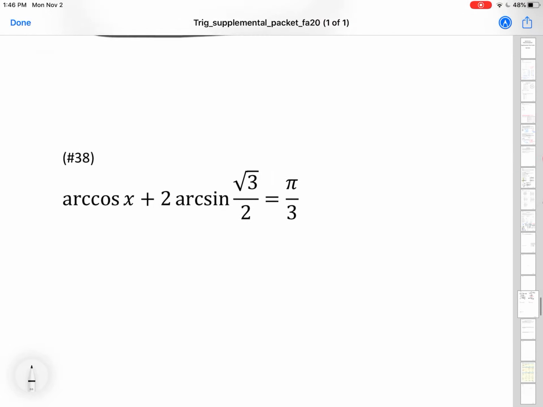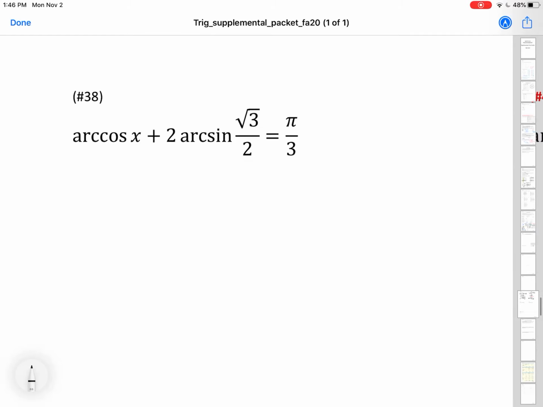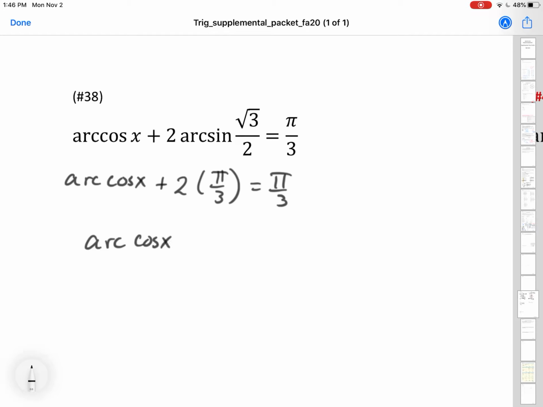As we go here, we're going to essentially do the same thing. So arc cosine of x plus 2 arc sine of pi over 2. Well, we know the arc sine of pi over 2 is pi over 3. So now we have arc cosine of x is equal to pi over 3 minus 2 pi over 3.